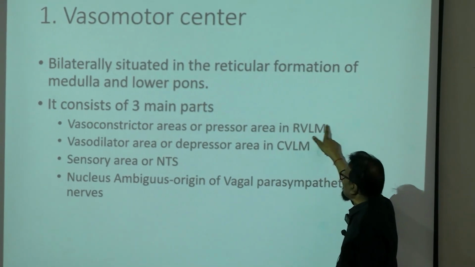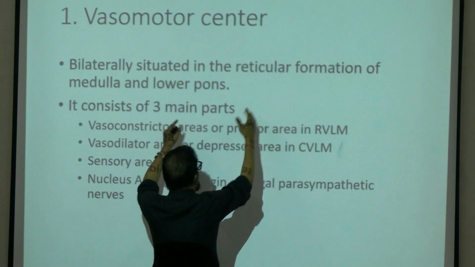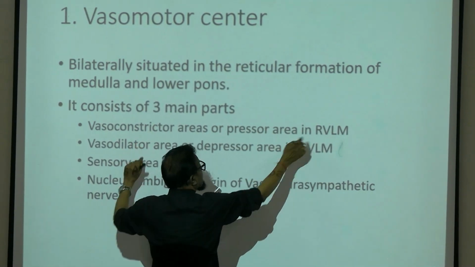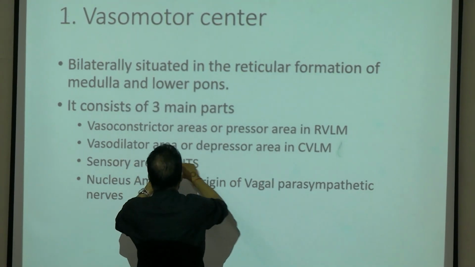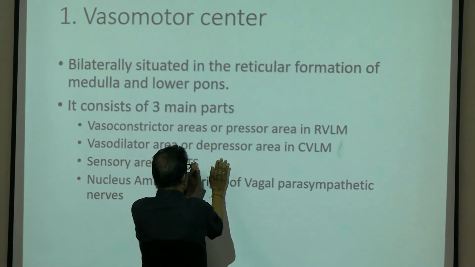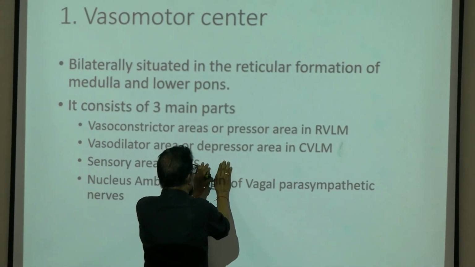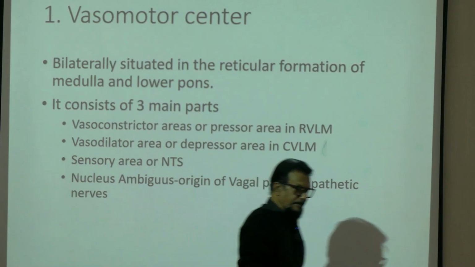Laterally, they will be there bilaterally, this side and that side. The vasodilator area will be towards the medial part of the medulla, here and here. So let's see one diagram.